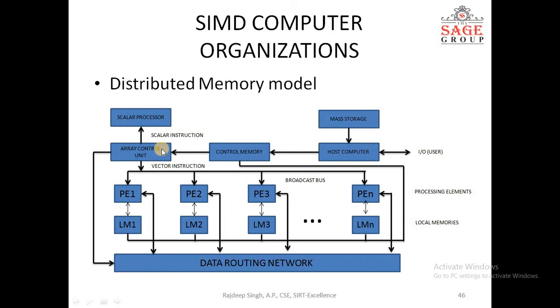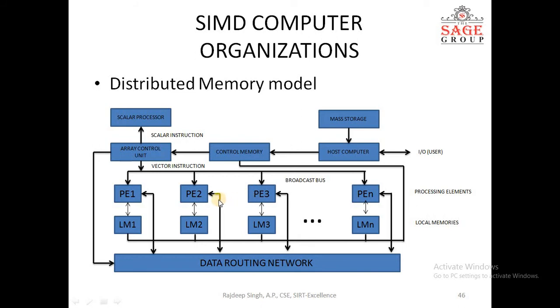Now it is decoded. If the instruction decoded is of scalar type, it will be forwarded to the scalar processor and it will be executed here only. And if it is of type vector instruction, then it will be distributed among PE1, PE2, PE3 and so on, that is processing elements.